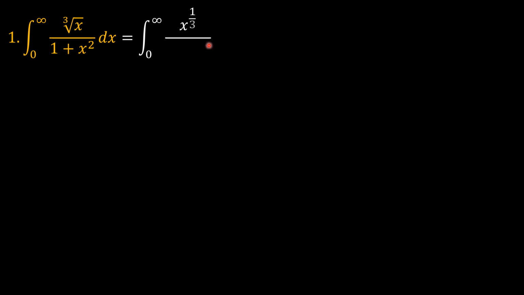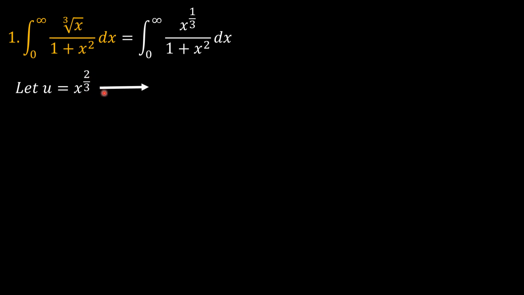So the first thing, obviously, just a personal preference, is that I express the cube root of x as x to the power 1/3, and that's what I went ahead to do. Then one thing I did was to say, okay, let u be equal to the square of x to the power a third, which is just x to the power 2/3.